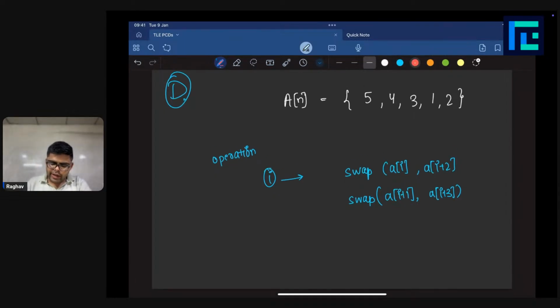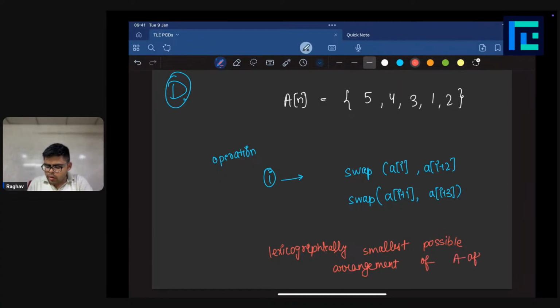And we want to find out the lexicographically smallest possible arrangement of A after applying the above operation any number of times.